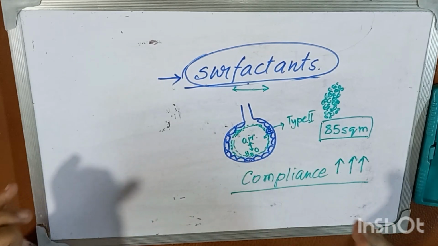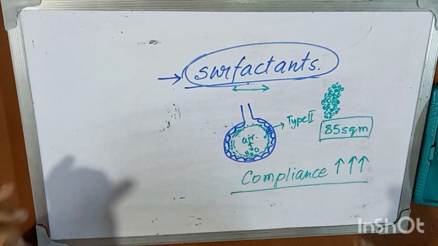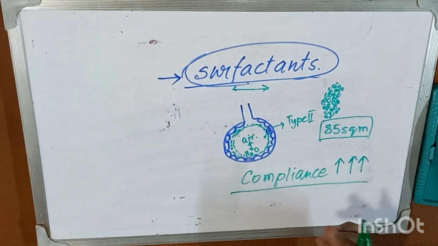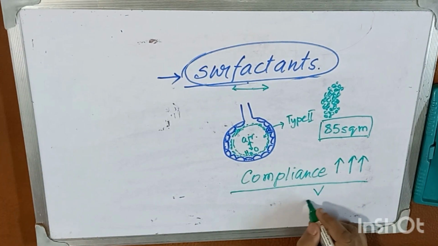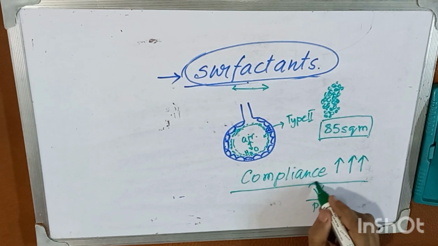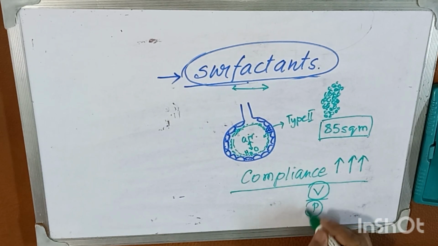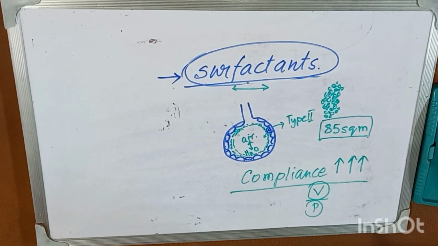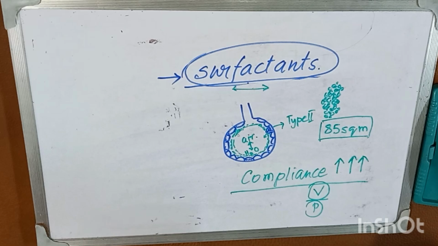So the lowering of the surface tension results in higher inflatable properties of the lung. Inflatable means the change in volume per unit change in pressure. The change in volume per unit change in pressure with surfactants is more. So we can say that the surfactant increases the compliance. It increases the compliance means it increases the inflatability of the lung by lowering the surface tension.